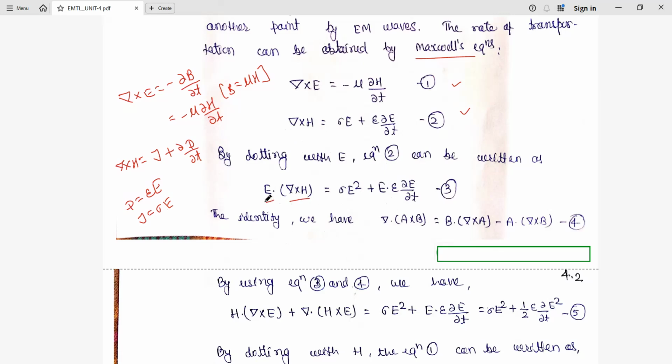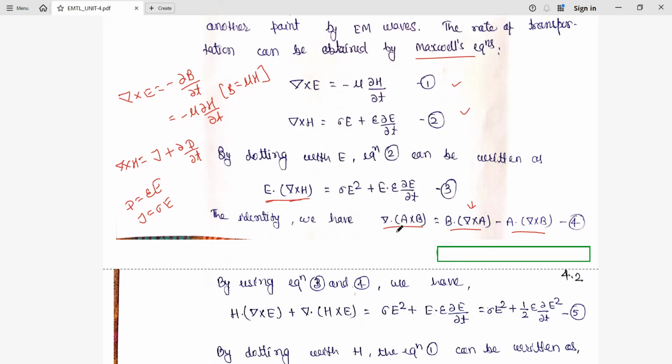Now to explain this LHS, we are going to utilize the identity where we have two vectors A and B. Then we have the relation del dot A cross B equal to B dot del cross A minus A dot del cross B. So here what we see is that this is the first term of this expression.